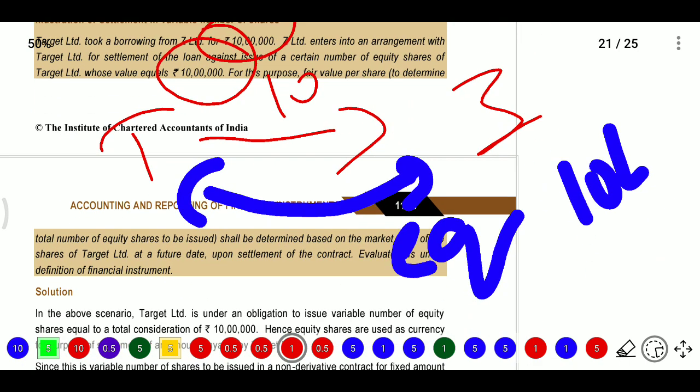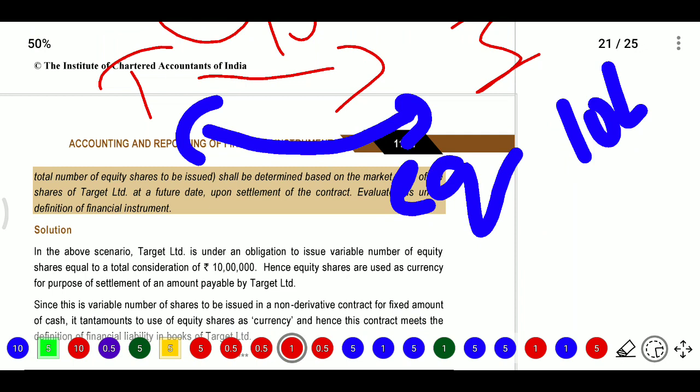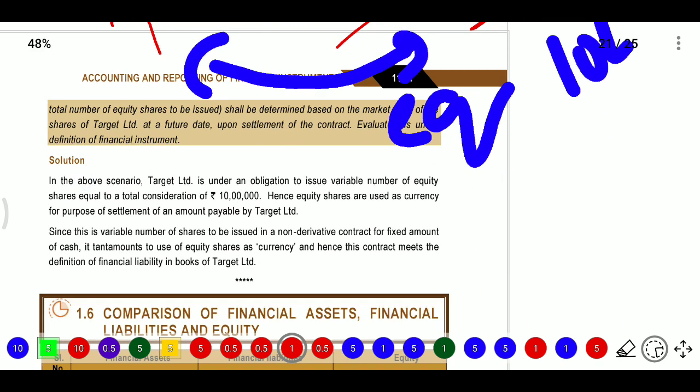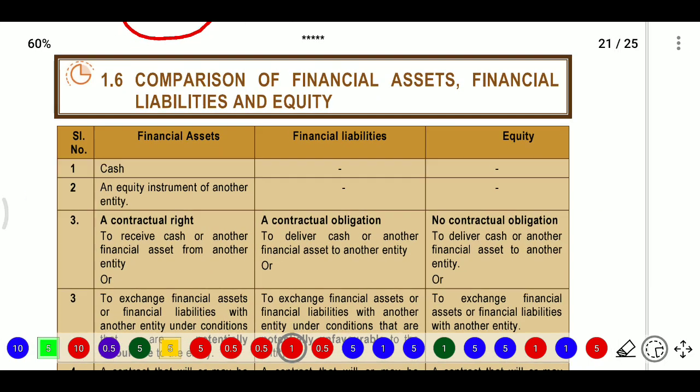The fair value to determine the total number of equity shares to be issued should be determined based on the market value of the target at the future date. So the date is not yet entered, but they will settle at fair value. When the market value is there for a fixed number of equity shares, the market price may go up or down, so there will be a risk, and it will become a financial liability in the books of the target company. So a comparison of three cases will be there.